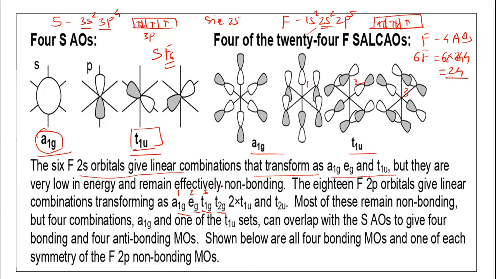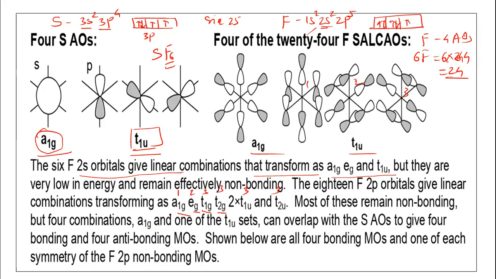T2G also means 3, triply degenerate. T1U is triply degenerate, 2 into 3, 6. And this is 3. Count this: 1 plus 2, 3, 3 plus 3, 6, 6 plus 3, 9, 9 plus 6, 15, 15 plus 3, 18.